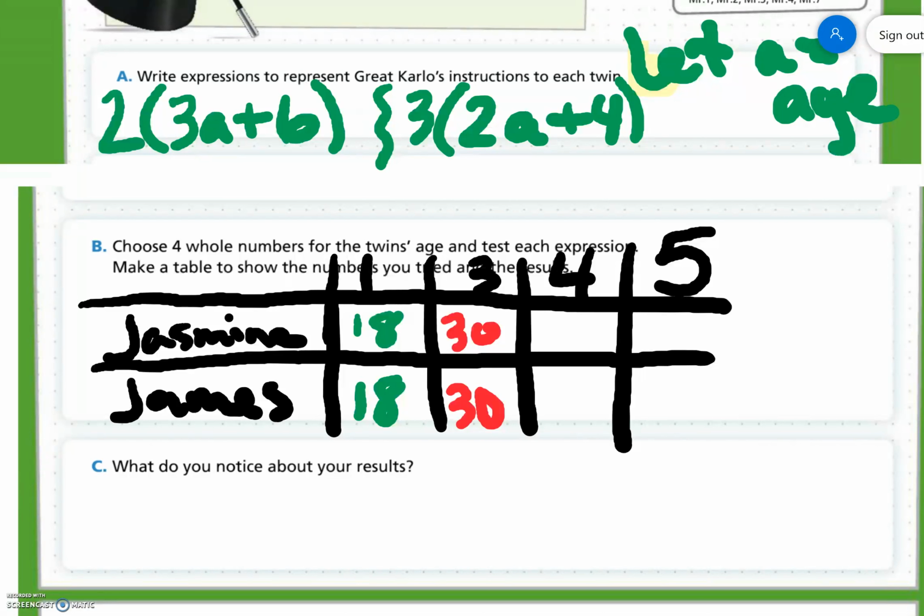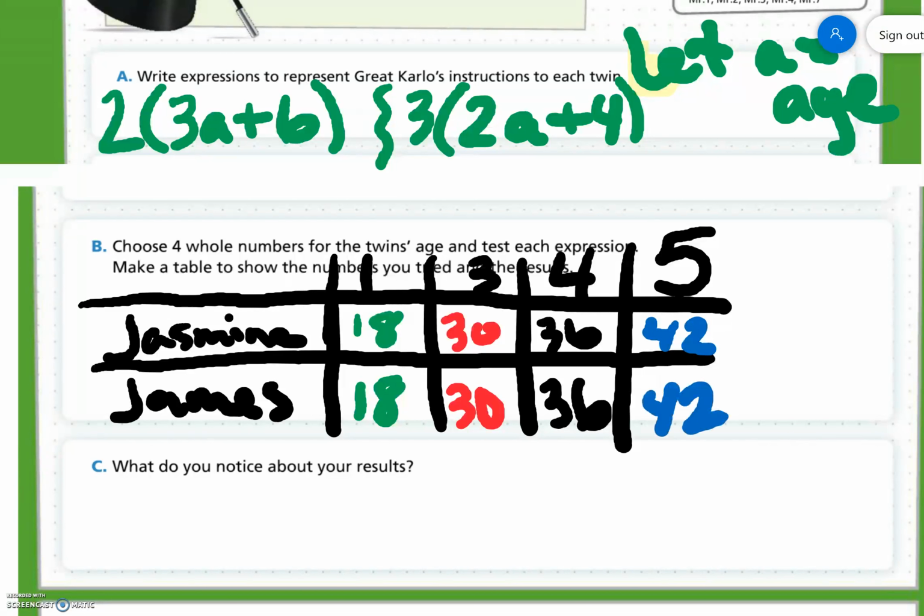Now let's try 4. 3 times 4 is 12, plus 6 is 18, times 2 is 36. 2 times 4 is 8, plus 4 is 12, times 3 is also 36. Last but not least, 5 times 3 is 15, plus 6 is 21. 21 times 2 is 42. 2 times 5 is 10. Plus 4 is 14. 14 times 3 is 42.